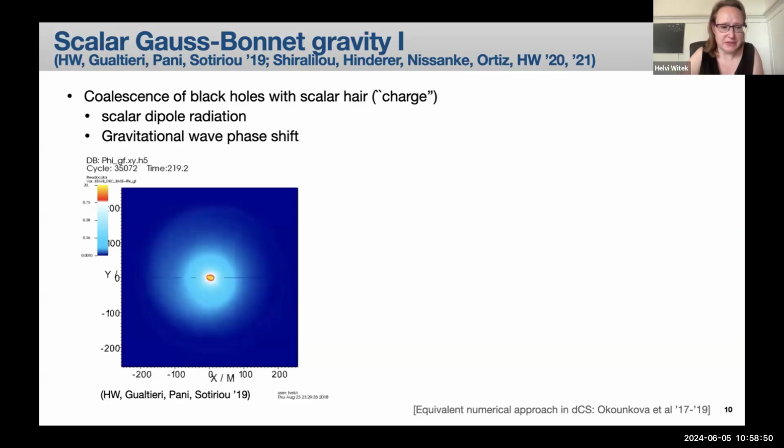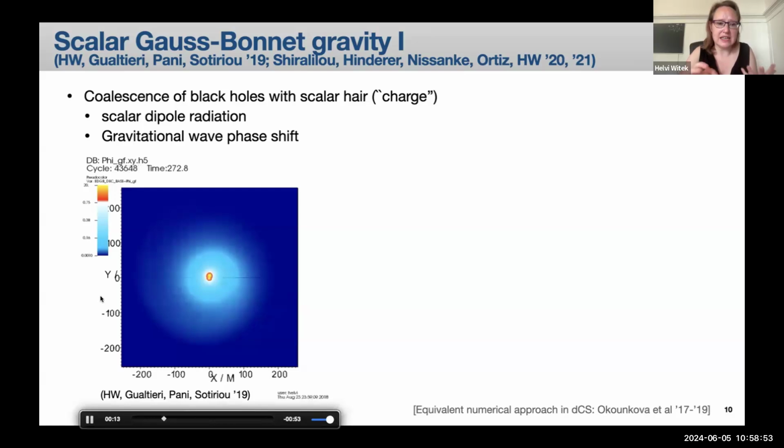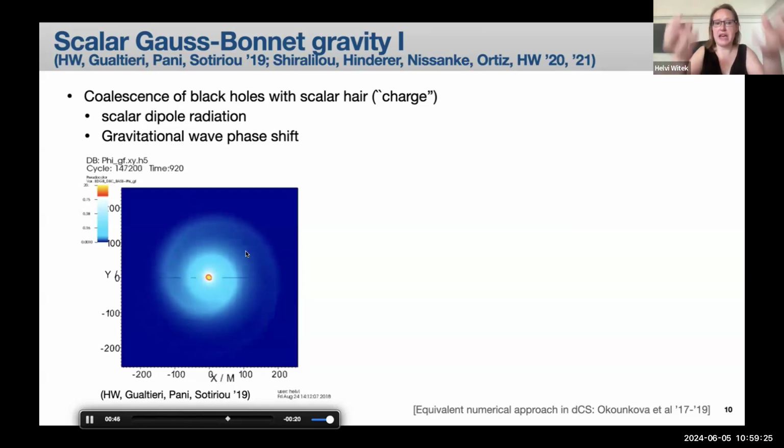So if I let this evolve, then what you can see is that as our two scalar charges are orbiting, they generate scalar dipole radiation. Right, so this is what you can start seeing here. So as I said, you see the scalar dipole radiation being emitted here. And now you can ask, well, what does this actually do to my binary black hole if I were to include the back reaction of the scalar field onto the metric.